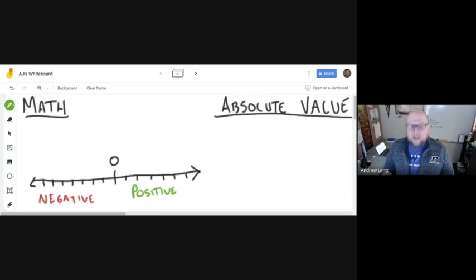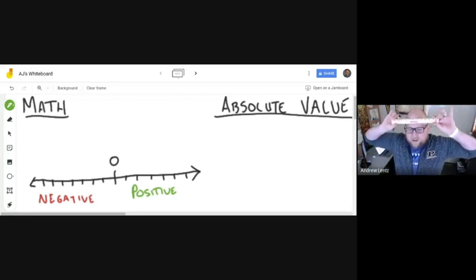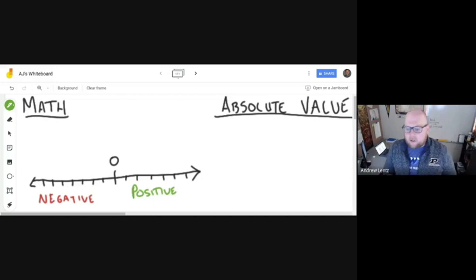And the reason is, it's like if we've got a ruler, right? If I asked you to measure something with a ruler, like how long are my glasses? My glasses are like 6.5 inches long, right? I'm measuring a positive distance. You can only measure positives when you're measuring distance.